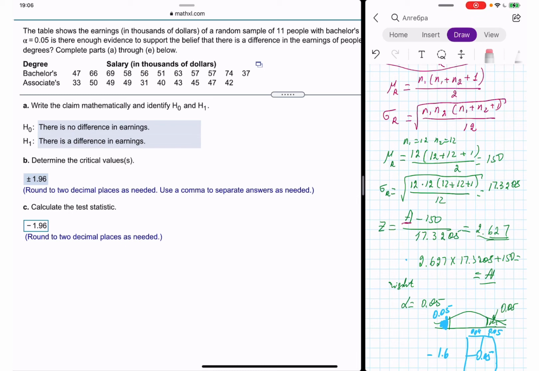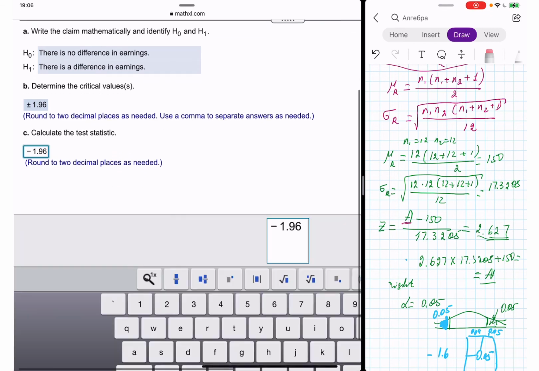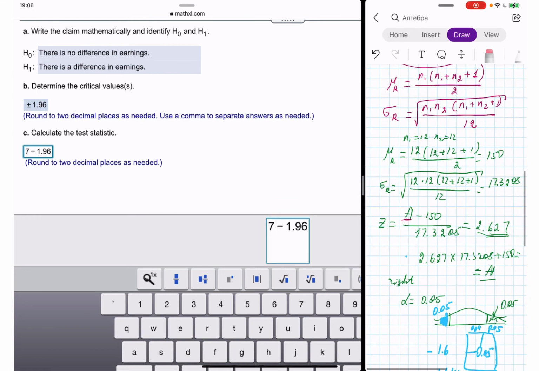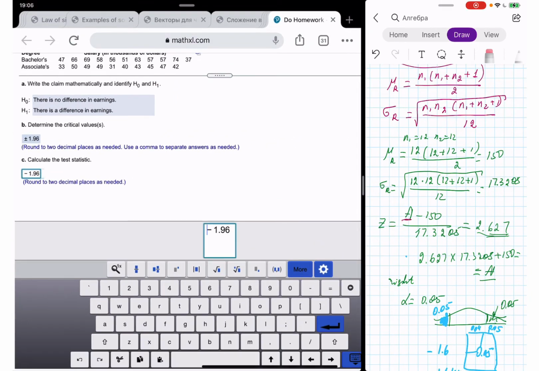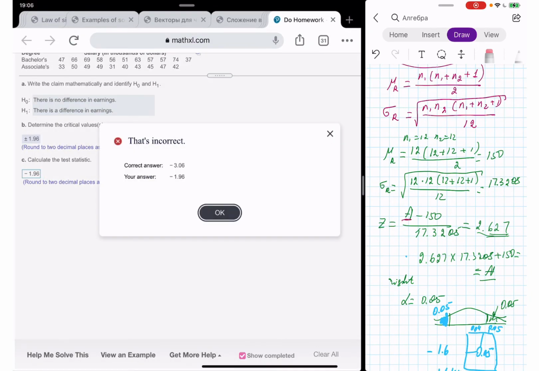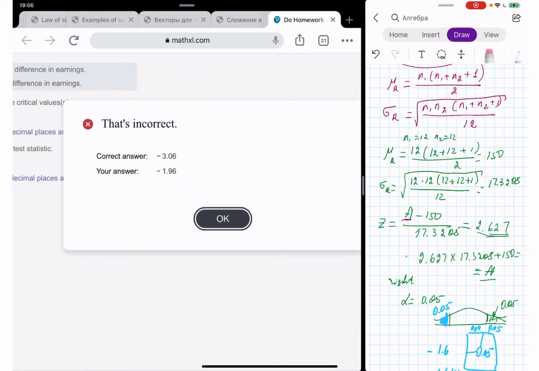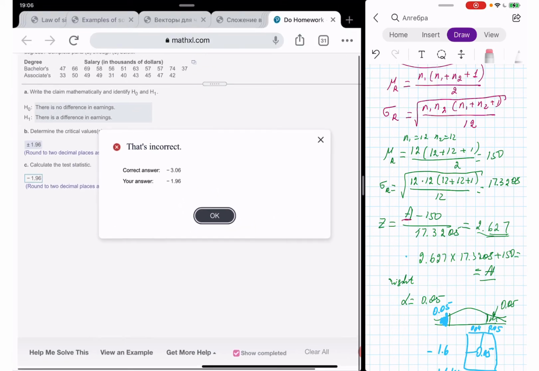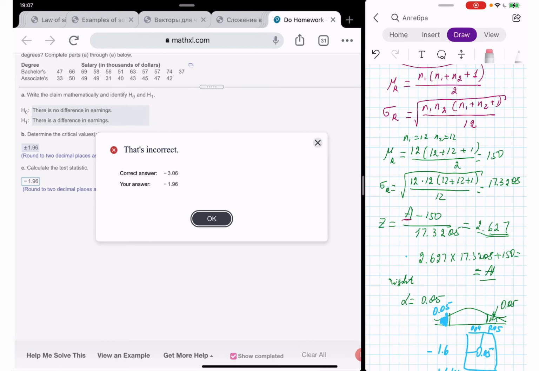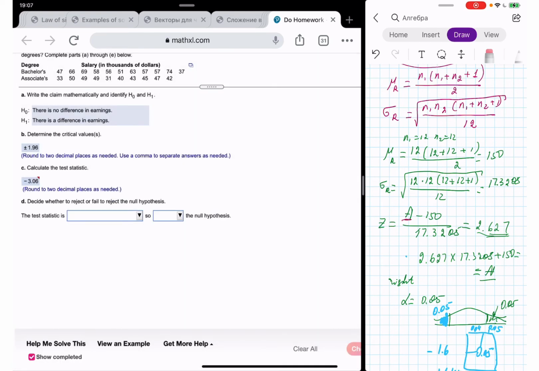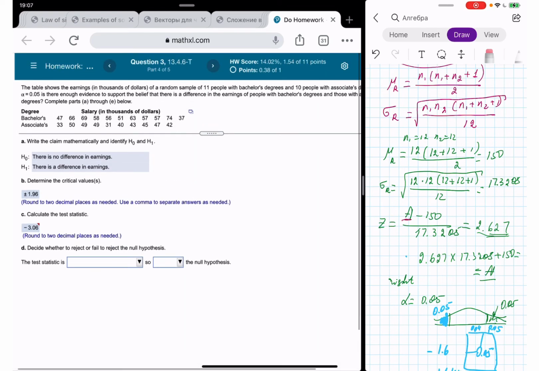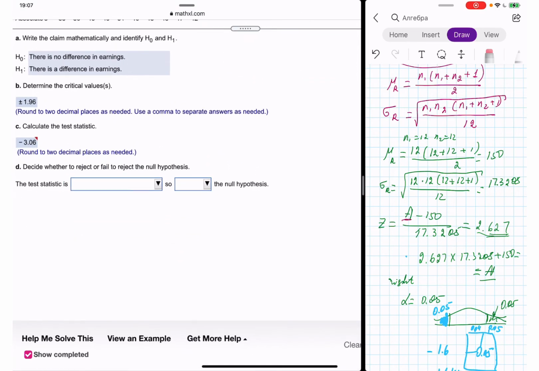Okay, so negative 3.06. That's a test statistic, not a critical value.